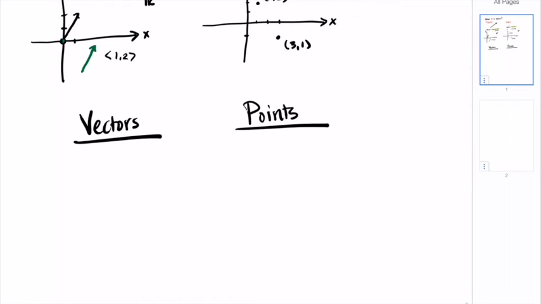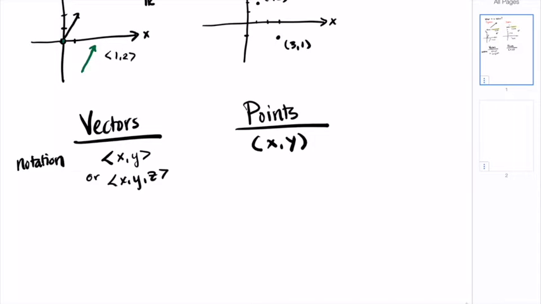There's the notation. We're going to write vectors with angle brackets. So we might write <x, y> as a value, or <x, y, z>. Doesn't really matter how many dimensions we have. Whereas a point, we're going to use just your standard parentheses, (x, y, z).